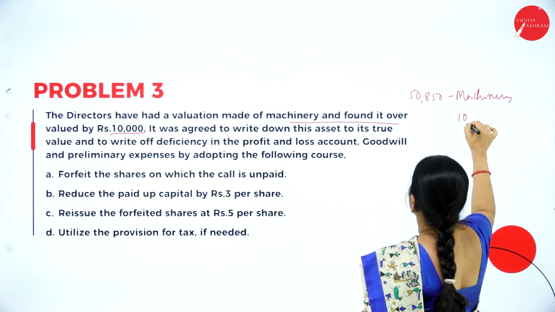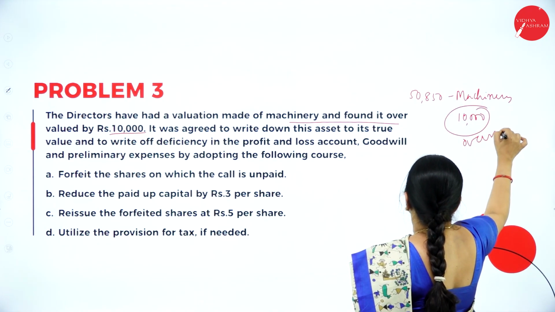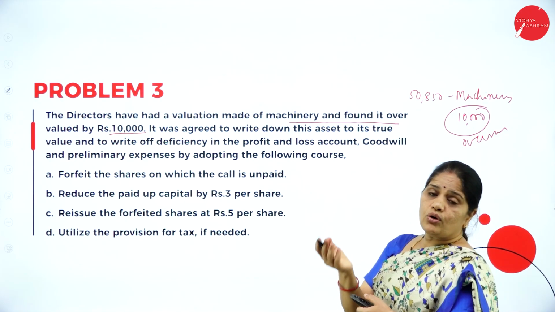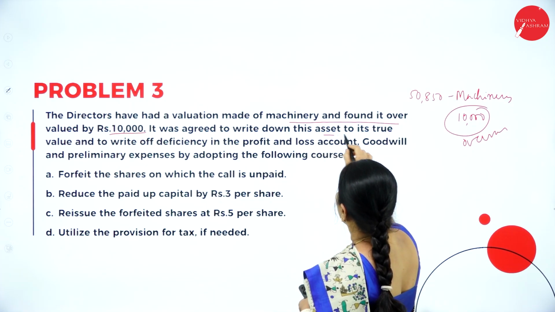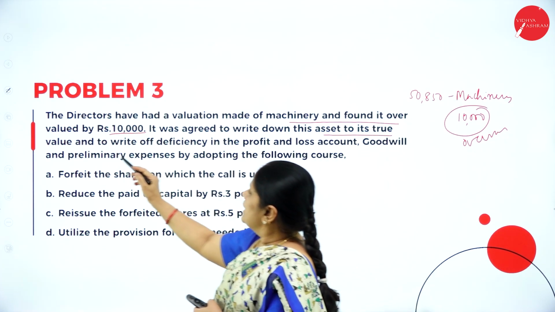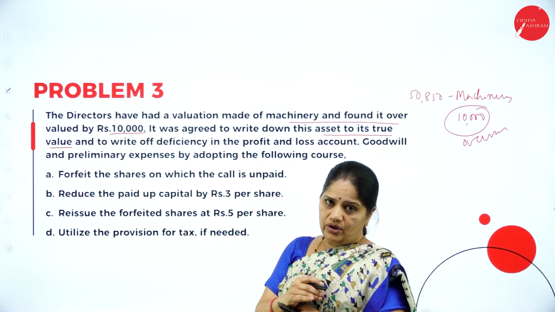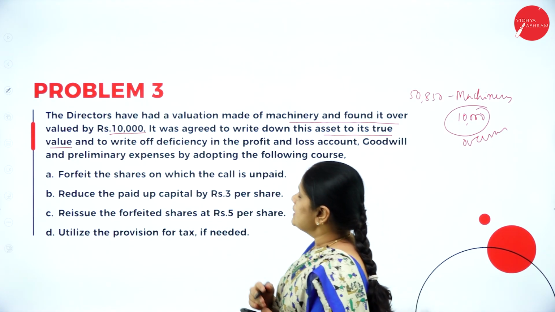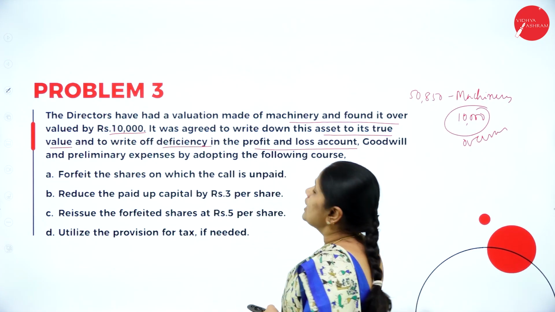So 10,000 is overvalued. So the machinery value has been overvalued by 10,000, and it was agreed to write down this asset to its true value. So they want to bring down the value of the asset by rupees 10,000 and to write off the deficiency in the profit and loss account.